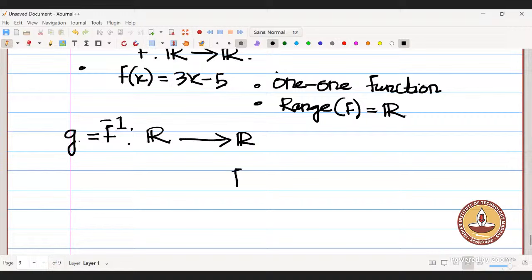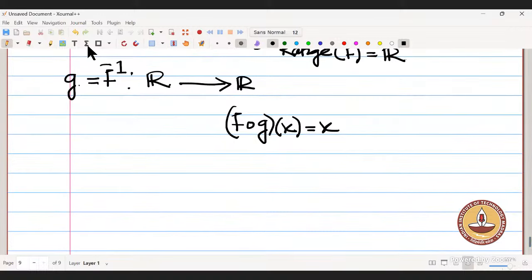Then you know F compose g of x is what? F of g of x, yeah, this is x, right? That means F of g of x is x. Okay, so now you just represent this g of x as y, right?